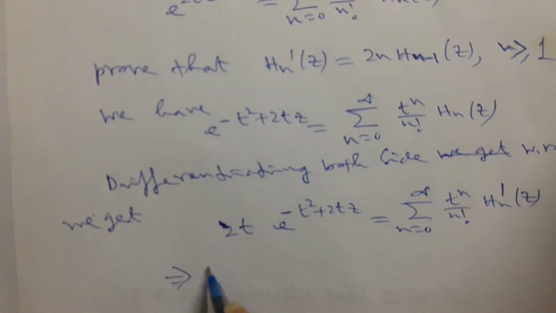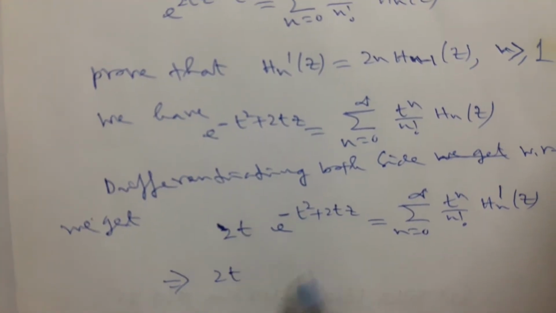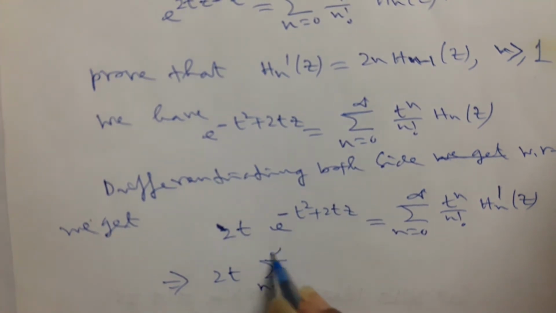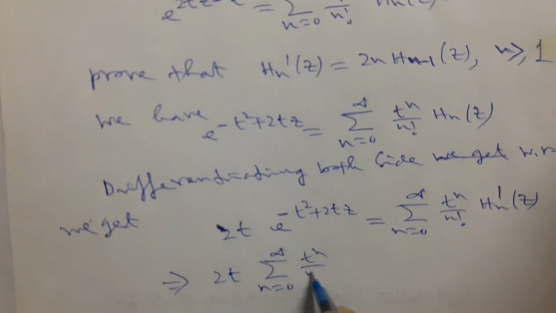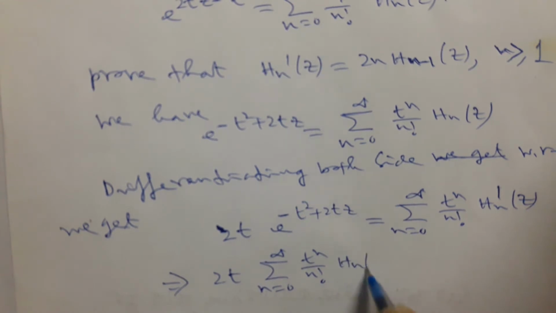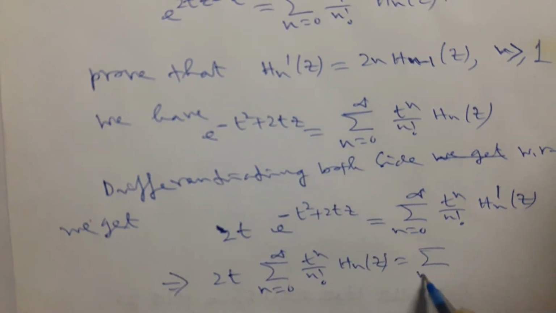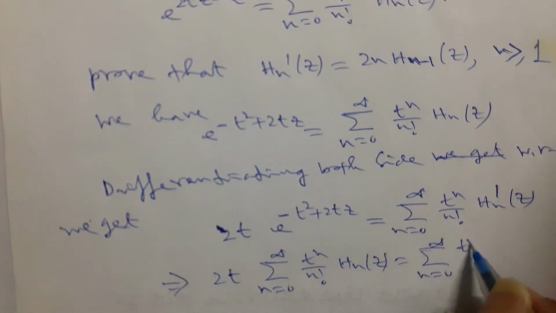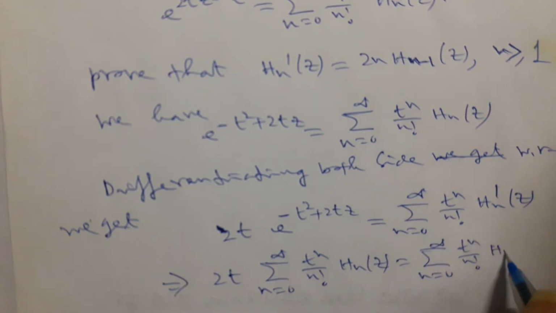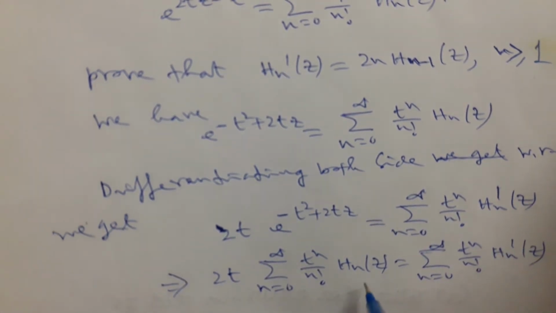Which implies 2t into the sum of n equals 0 to infinity t^n by n factorial Hn(z) equals the sum of n equals 0 to infinity t to the power n by n factorial Hn'(z).